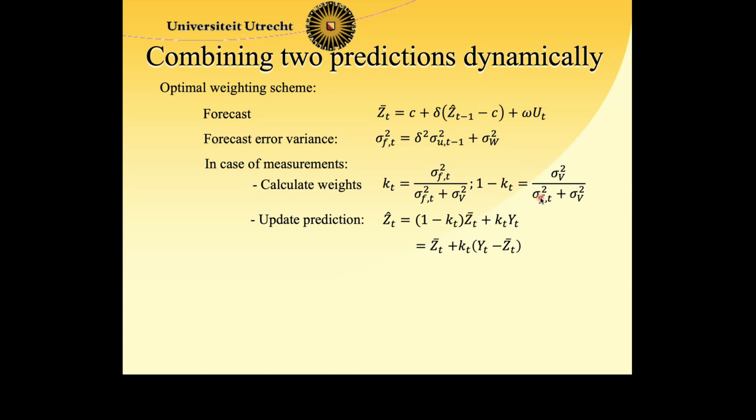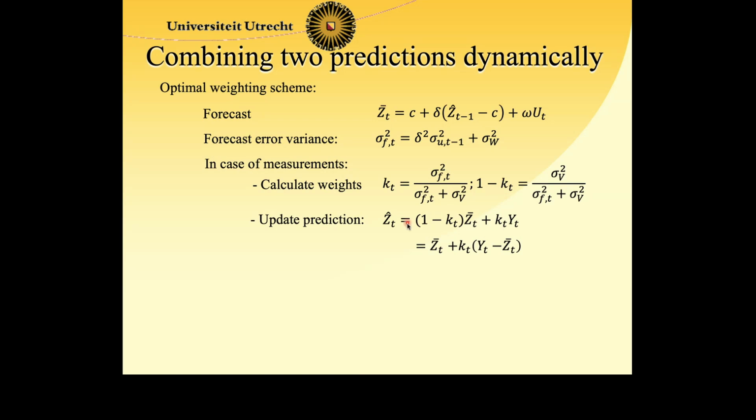So we calculated the weights. This is the weight that we attach to the observation, and this is the weight that we attach to the model prediction. And that's also logical, because if this is a very uncertain model prediction, and the forecasting variance is extremely large, then K_t would be equal to 1, and 1 minus K_t would be 0.